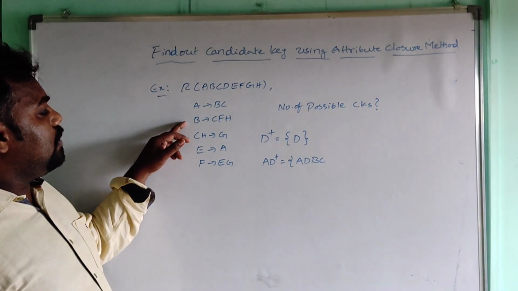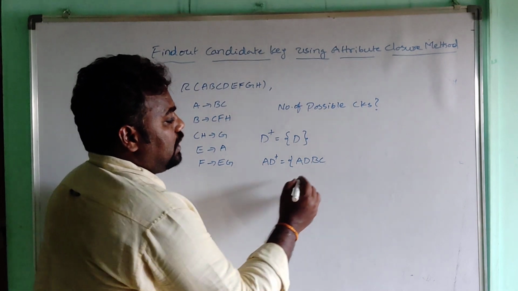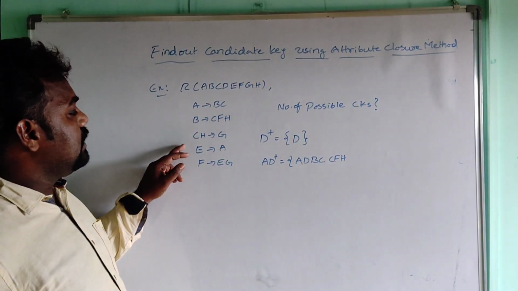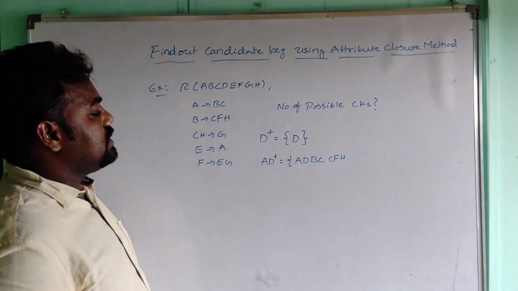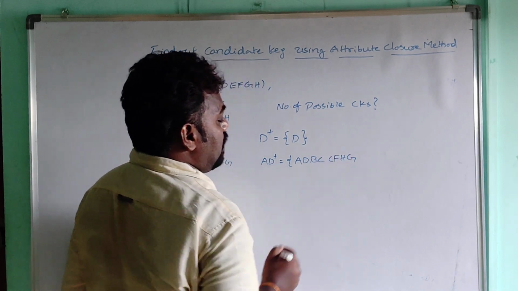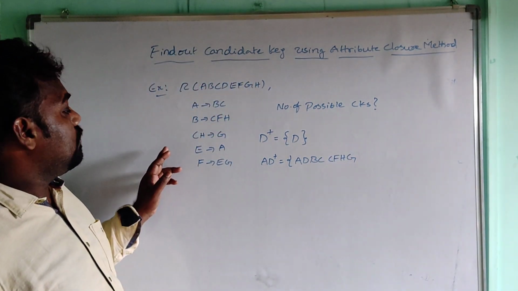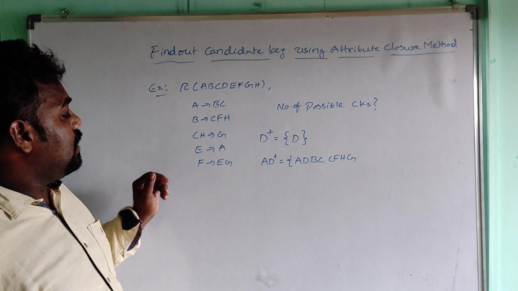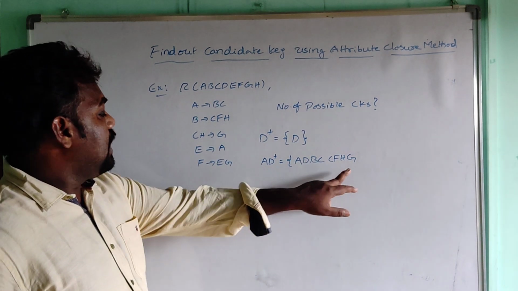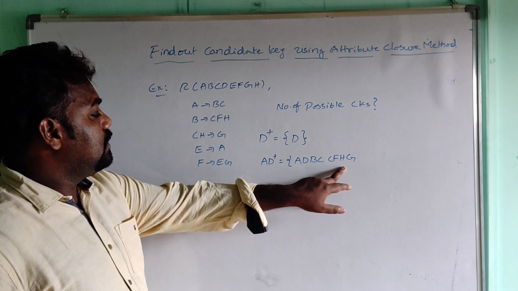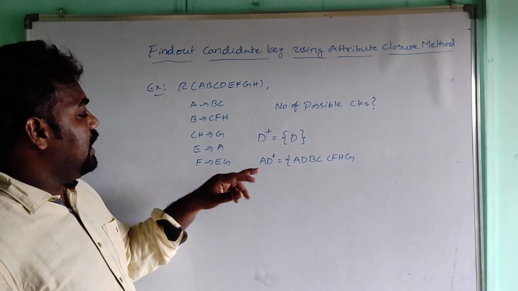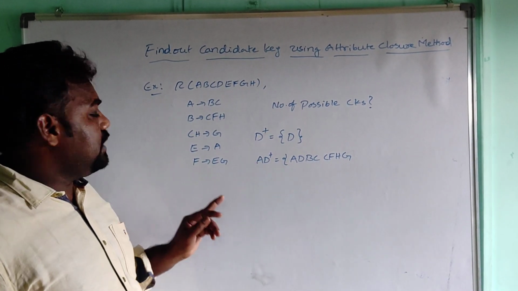Here B determines CFH, and CH determines G. E is not present in the result set.